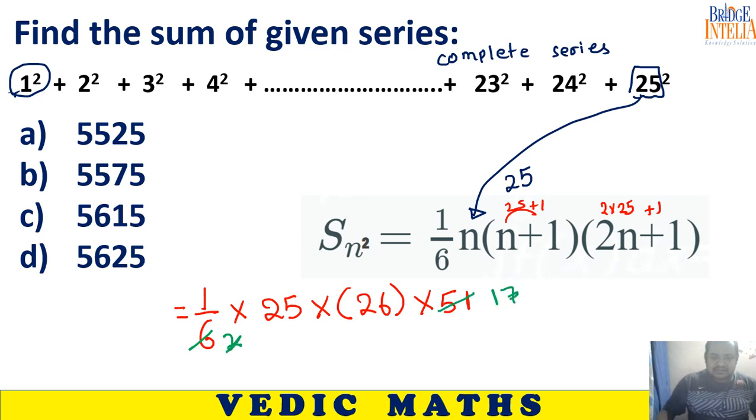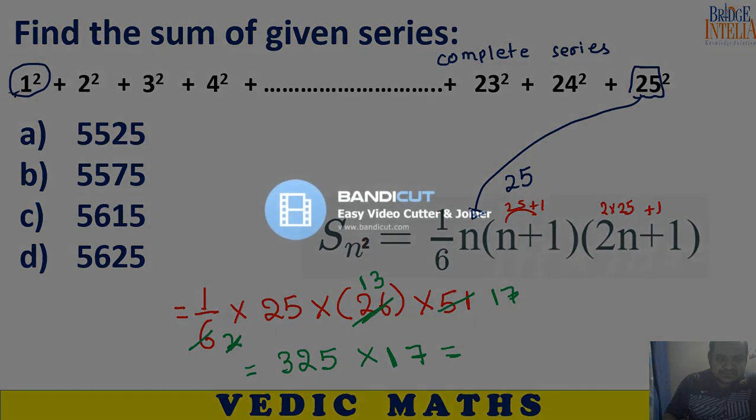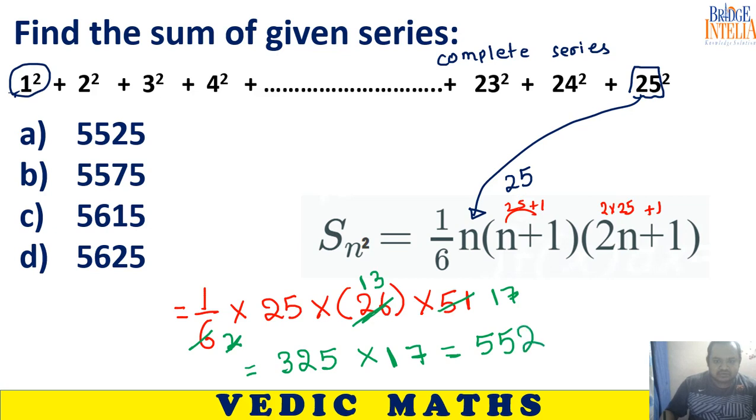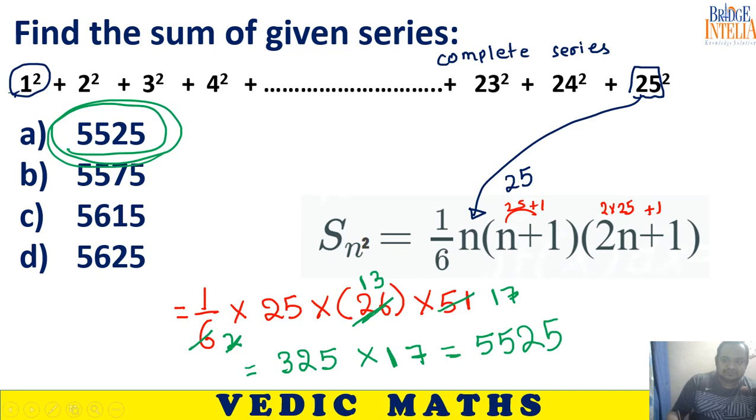Now 2 and 26 can also be cancelled out, giving 13. So 25 into 13 is equal to 325. 325 multiplied with 17 is equal to 5525. So the final answer is 5525.